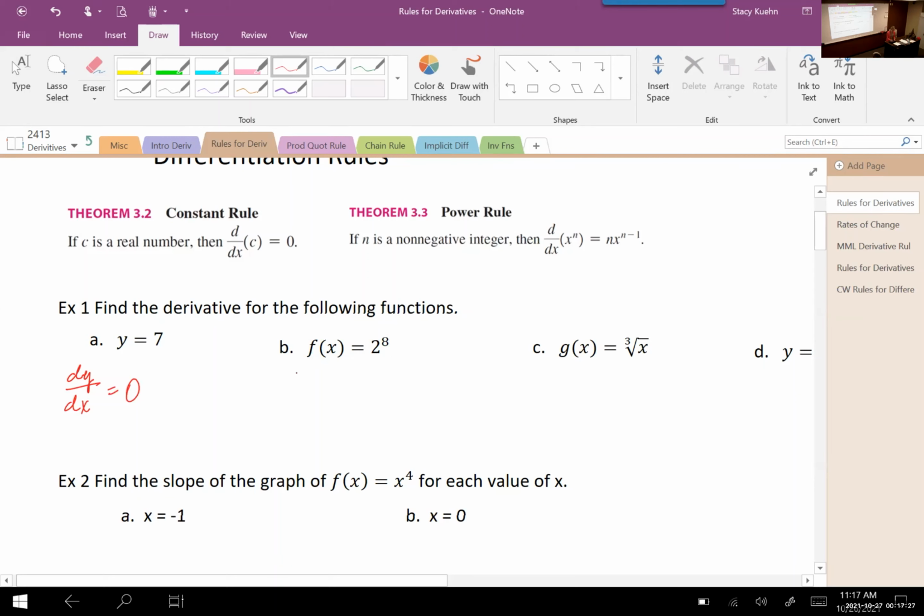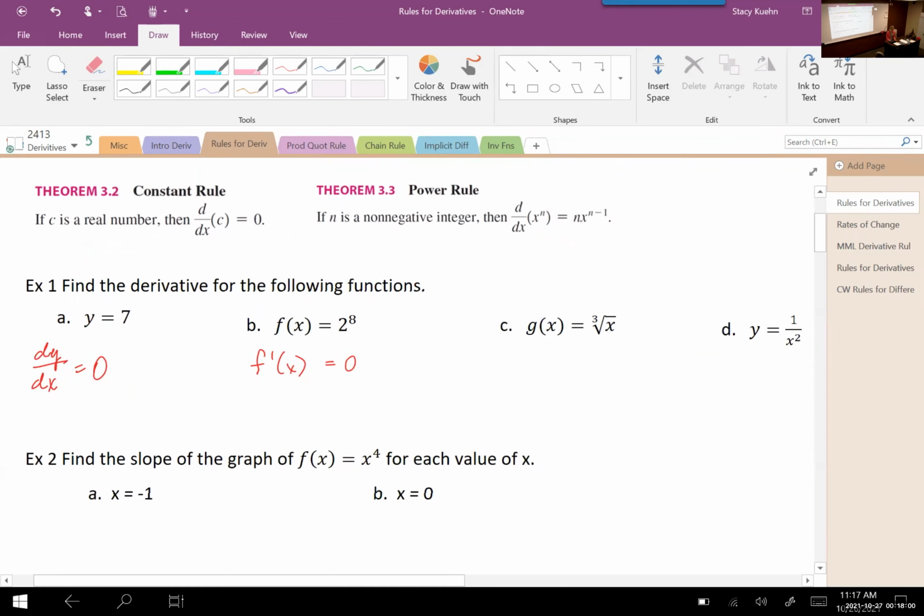Function notation of a derivative says, all right, f prime of x would be, we take the power 8, bring it down in front, and that's going to be times 2 raised to the, does it matter? It doesn't matter, does it? No. All right, so it's still a constant, isn't it? Because there's no variable right there. So it'd still be 0, wouldn't it? I fell for it. It tricked me.